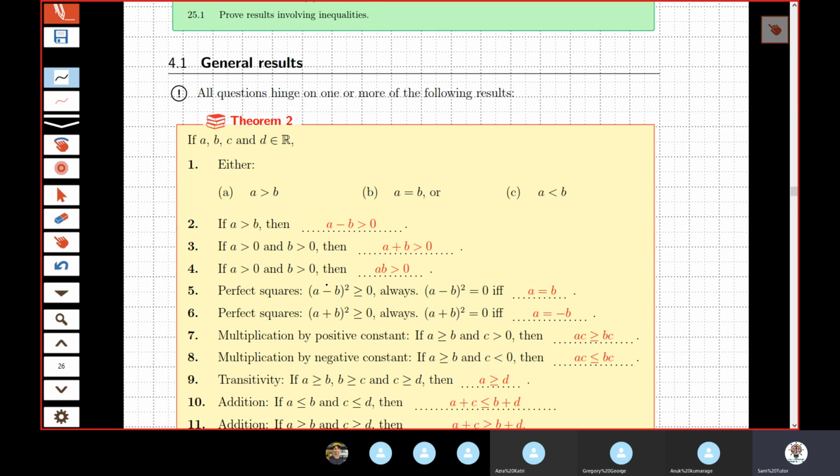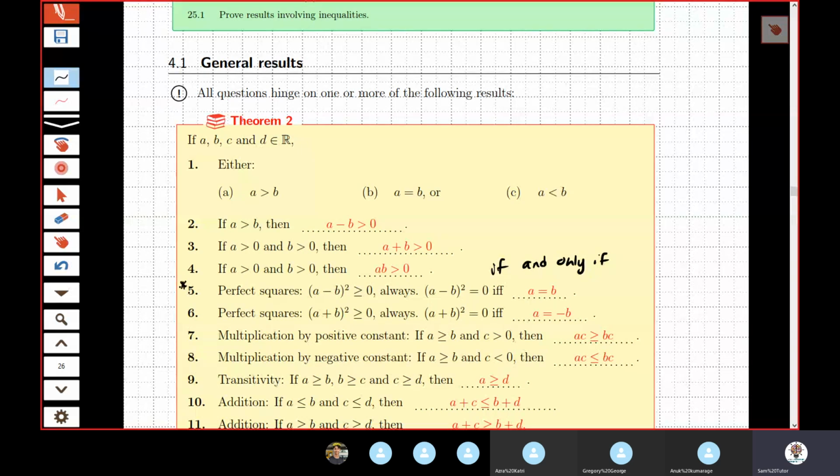Perfect squares. You can say that (A minus B) all squared is greater than or equal to 0, always. (A minus B) all squared is equal to 0 if and only if, so if you ever see iff, if and only if, A equals B, then this would equal 0. Do we understand that?